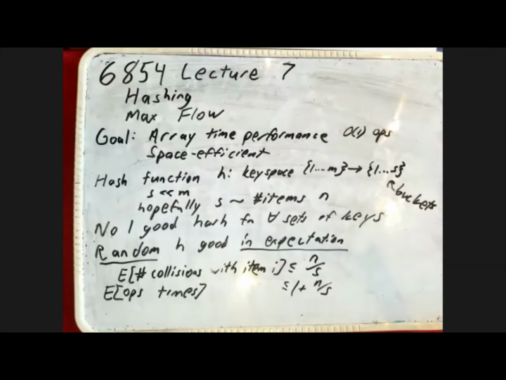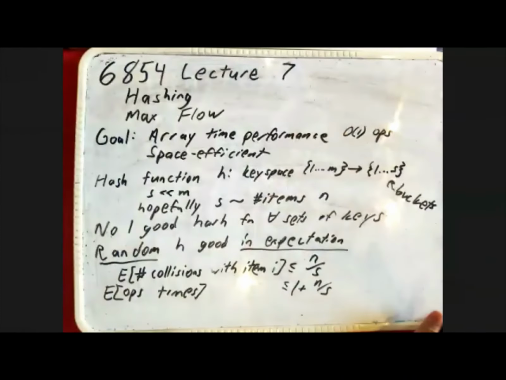Here, we're not making any assumptions at all. The randomness is chosen as part of the algorithm. And that means that we can formally prove that the expectation has this small value. Well, we did that last time, that we observed that a random hash function is pretty good.